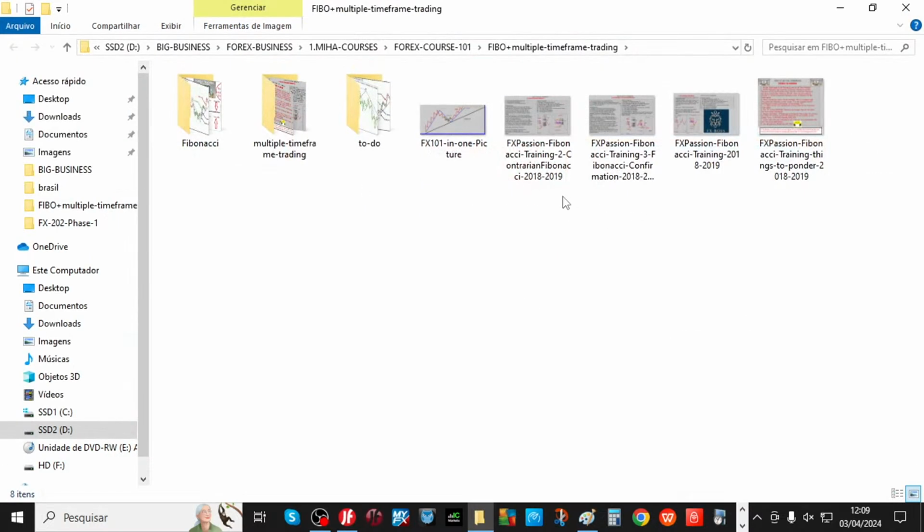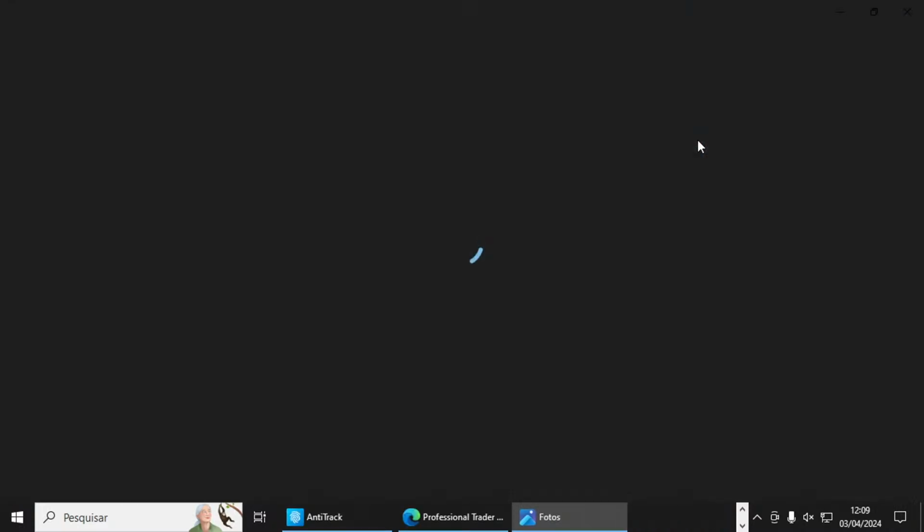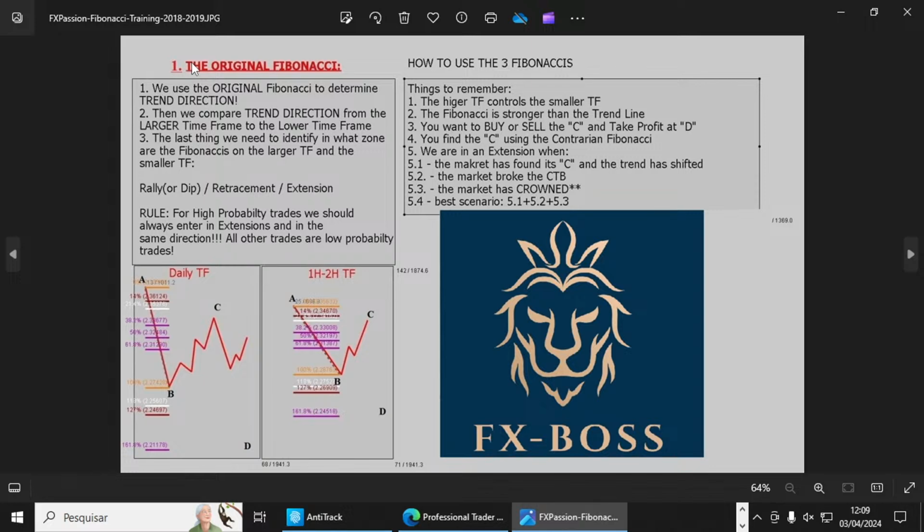Now, one more time, this is for the Contrarian Fibonacci. The original Fibonacci, we are using to determine trend direction. The original Fibonacci is stronger compared to the contrarian.